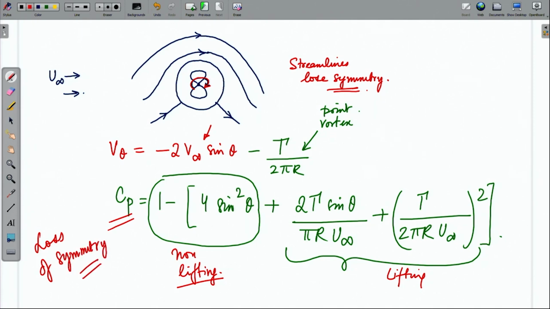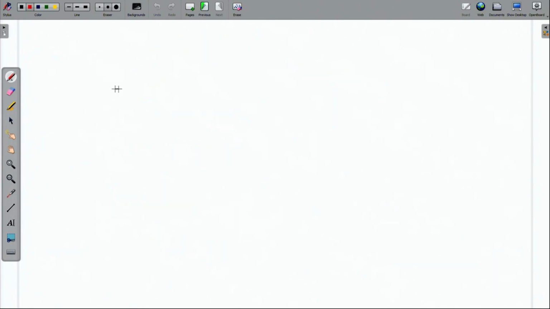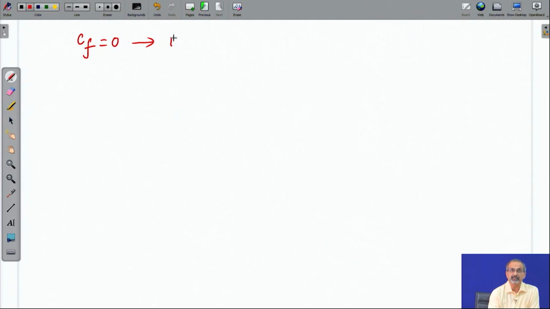And how does it reflect? It reflects on a situation where, of course, we continue to say that Cf is equal to 0 because it is an inviscid flow. But what about the effect of Cp? It has no effect on Cd. Mind it that Cd and Ca are the same because alpha is equal to 0 degree.